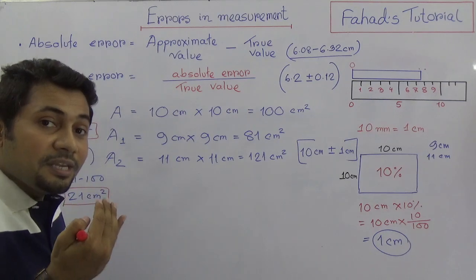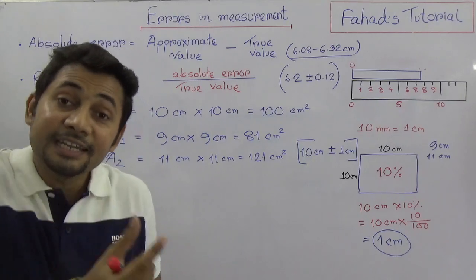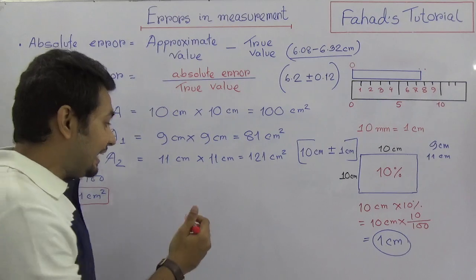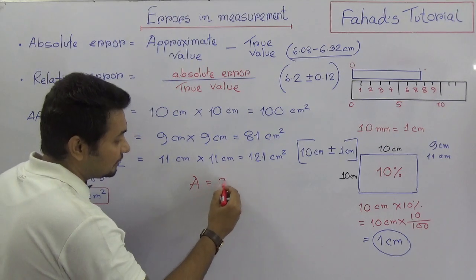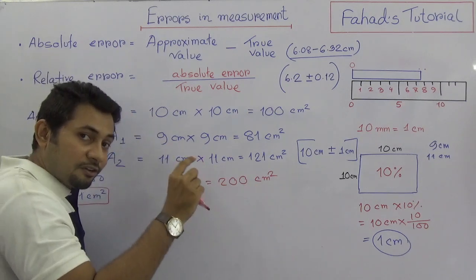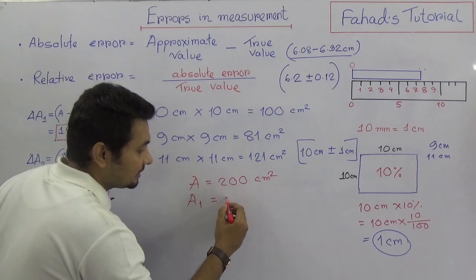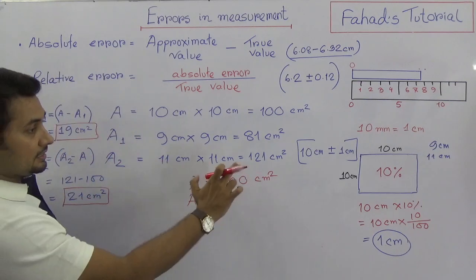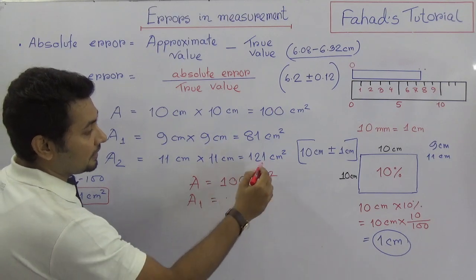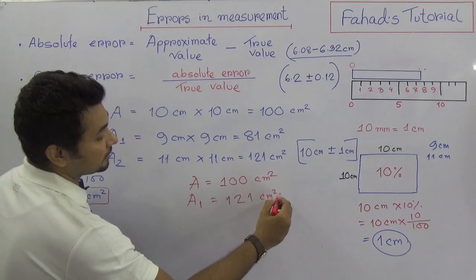So 10 centimeter length was given, including 10% error. We found the area previously as 100 centimeter square, and considering the errors, the area changes to 121 centimeter square.